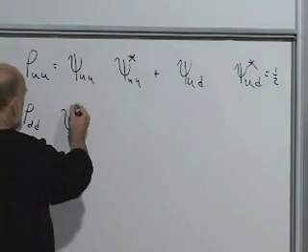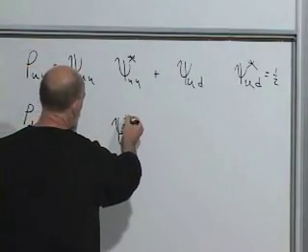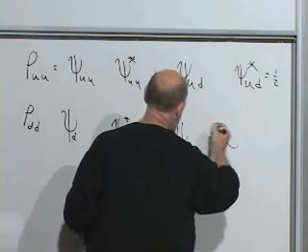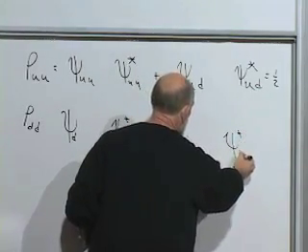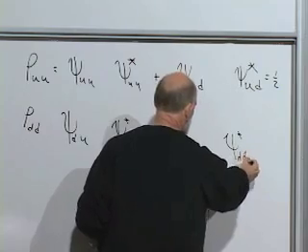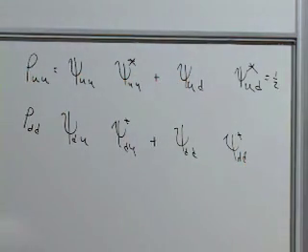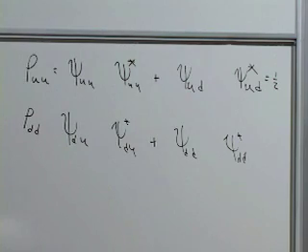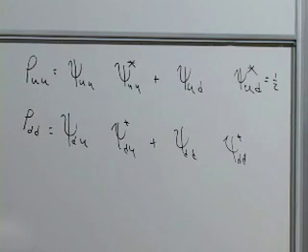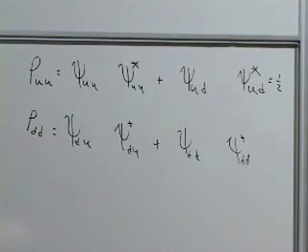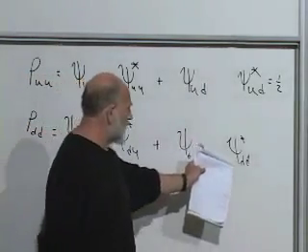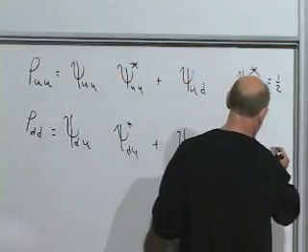You do exactly the same thing: psi down, psi star down, plus the same thing, but then you fill in up and down. What is psi down, up? That's minus 1 over square root of 2. It's squared, so again we get 1/2. And psi down, down is 0, so this is again 1/2. Neat.